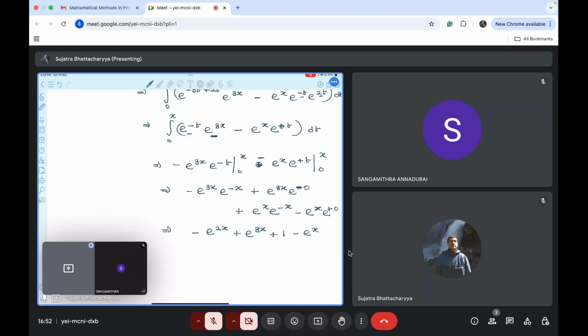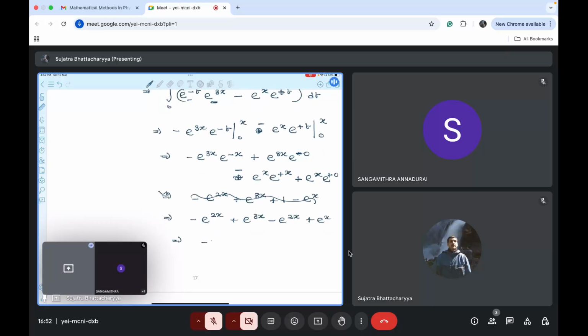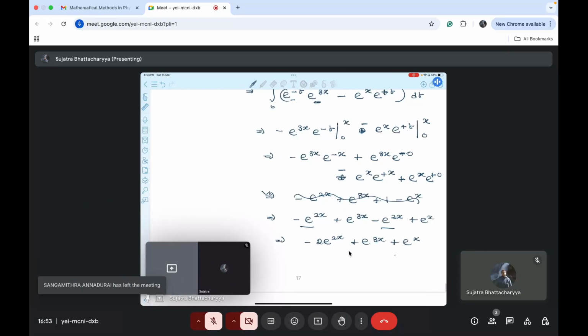This is 0, and this will be plus, with a negative sign. This will be plus. I think this is fine now. So minus e to the power 2x, fine, e to the power 3x minus e to the power 2x plus e to the power x. So what we are getting is minus 2 e to the power 2x, this and this, plus e to the power 3x plus e to the power x. So this is the solution.